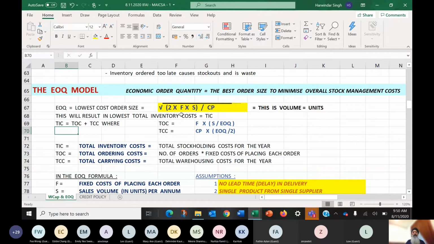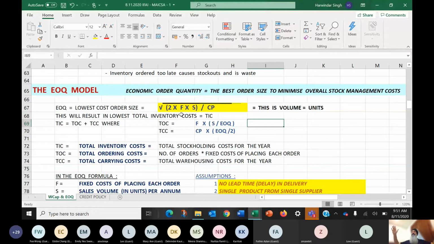So that's why total inventory costs are total ordering costs, the total cost of ordering and receiving your inventory, and secondly, the total carrying cost, that means the cost of warehousing, the cost of keeping the stuff safe. The total ordering costs are the fixed cost per order, F, multiplied by the number of orders, S being the total sales, divided by EOQ. EOQ is the best order size, how much you order each time.